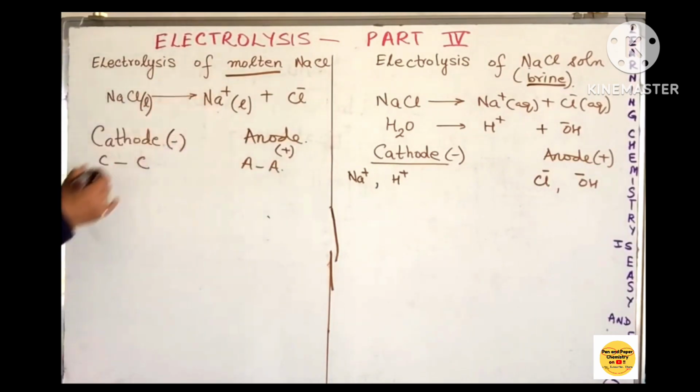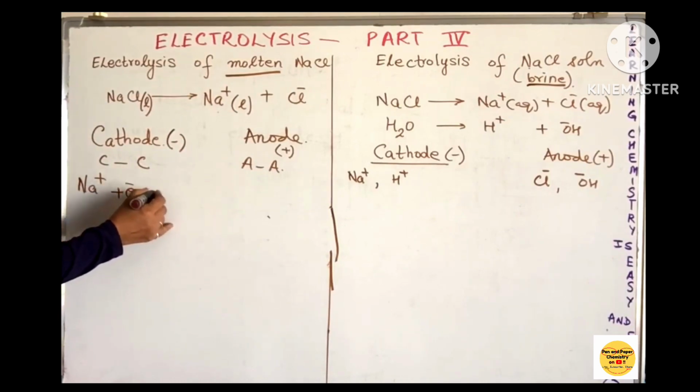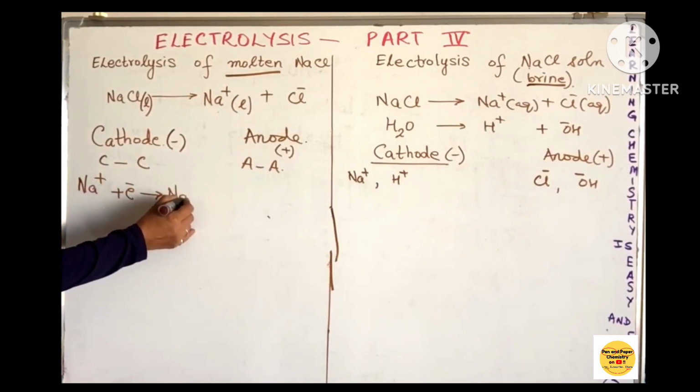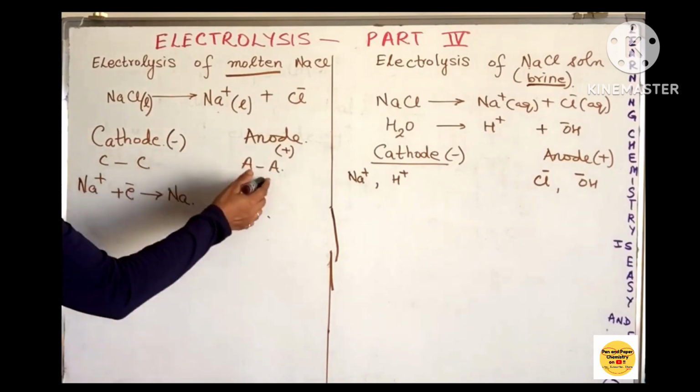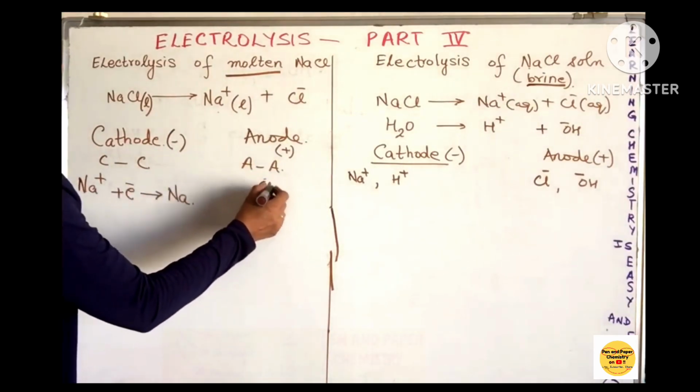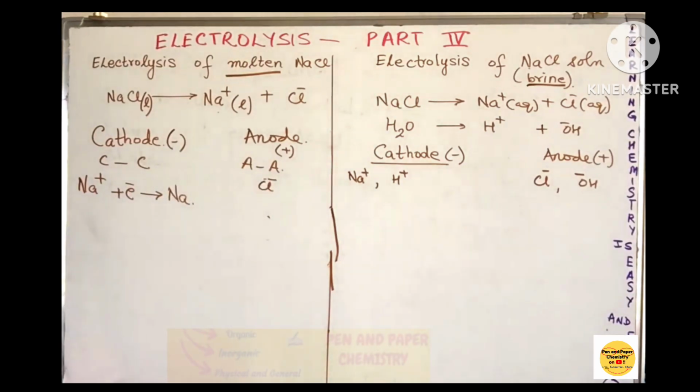We have only one cation over here, so that rules. So it takes up electrons from the cathode and discharges as sodium metal. We know that sodium metal is highly reactive, so what is done is the sodium is actually collected as an amalgam. It is dissolved in mercury and collected. Anode, on the other hand, we have chloride ion which will go towards the anode.